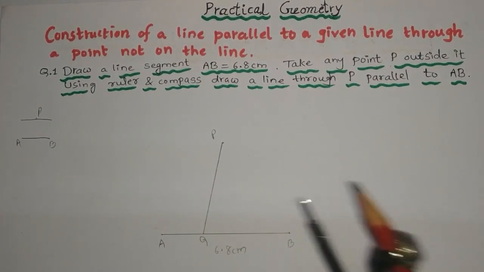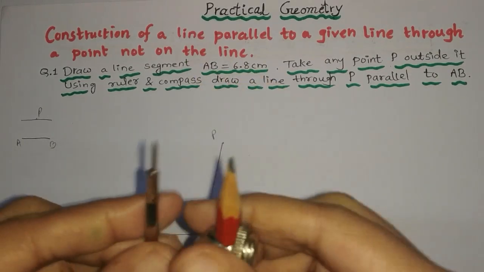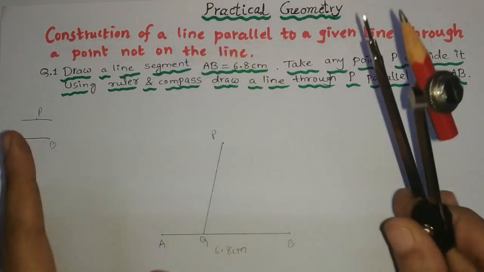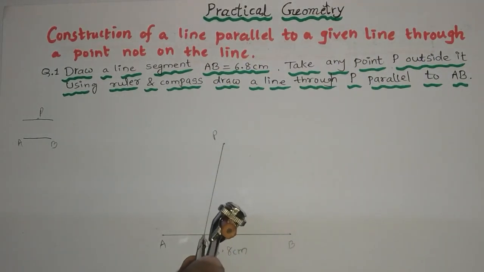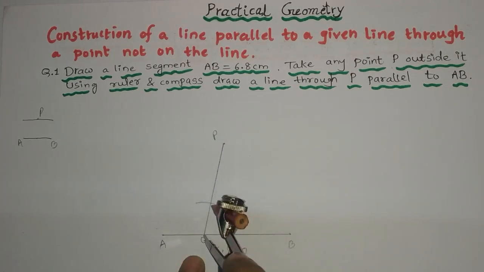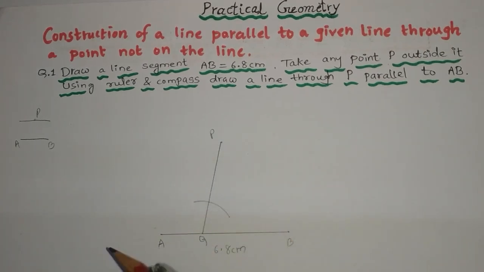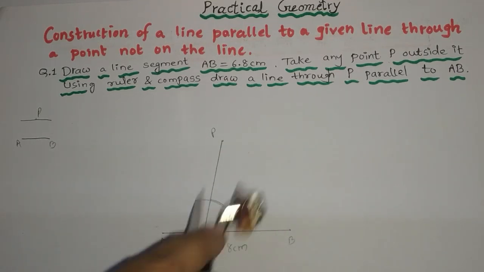So now next step, we have to take a compass. This is a round compass. So open it and take any radius, any measurement, and with Q as the center, we are going to cut an arc here. Friends, cut an arc here, okay?